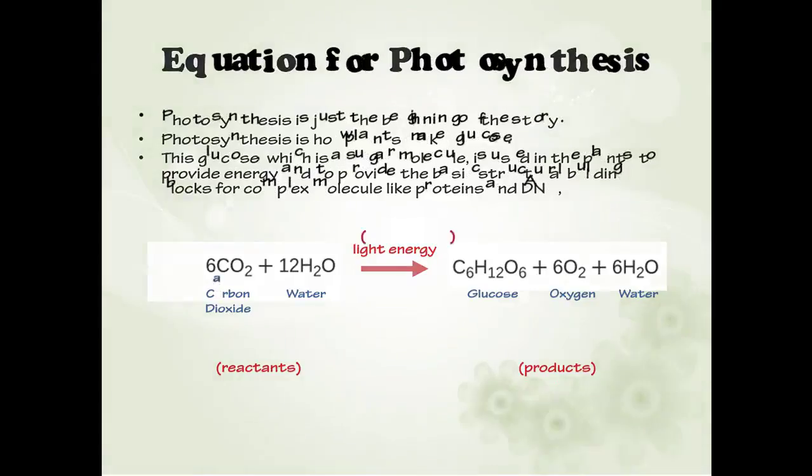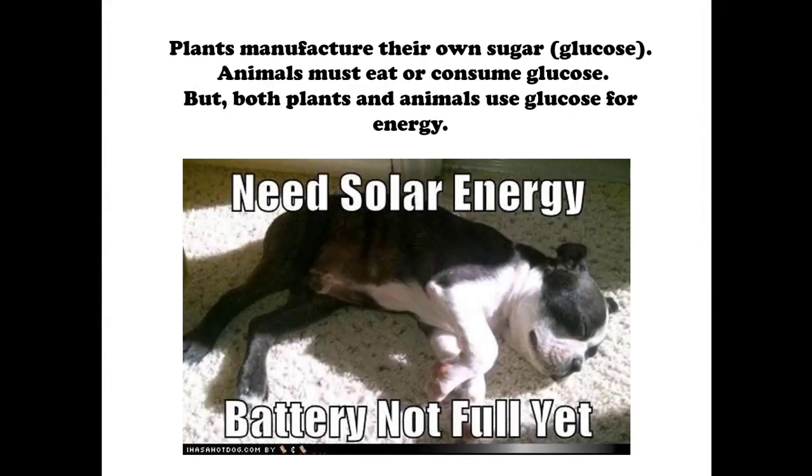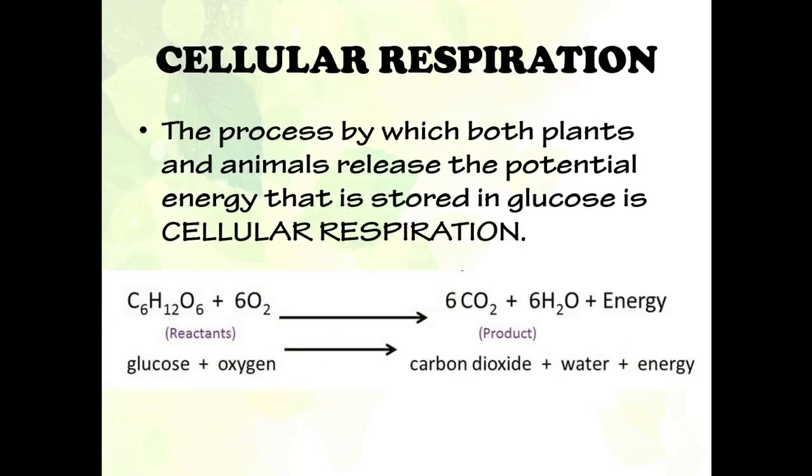Plants manufacture their own sugar, or glucose, whereas animals must eat or consume glucose. But both plants and animals use glucose for energy. The process by which both plants and animals release the potential energy that is stored in glucose is called cellular respiration.